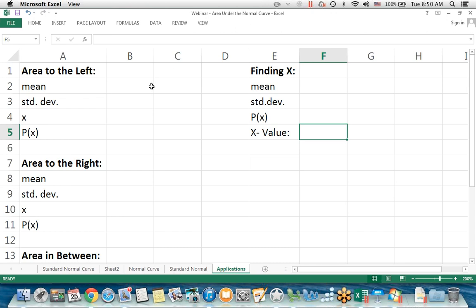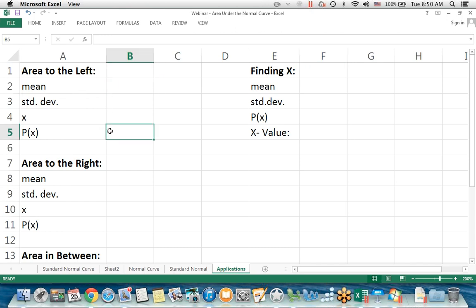If we're asked for the area to the left, I've set up a little table that helps us find it. But notice again that this is a little more detailed. When we find the area to the left for a standardized table, we didn't care about the mean and standard deviation, because it was implicit that the mean was 0 and the standard deviation was 1. But here, because it's not implicit, we have to plug in the mean and the standard deviation from problem to problem.